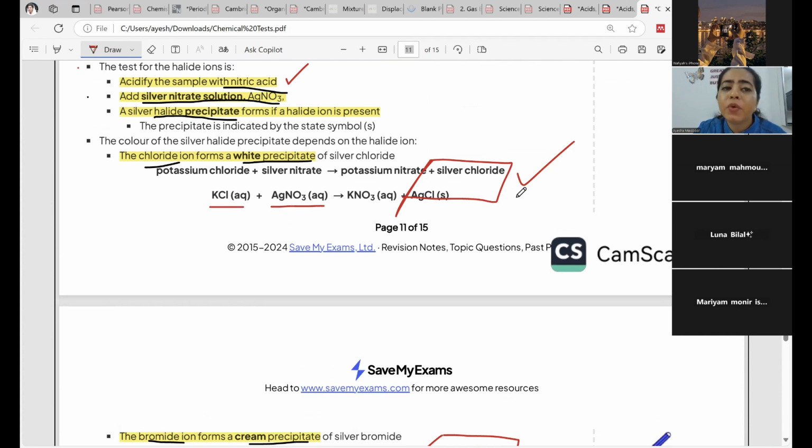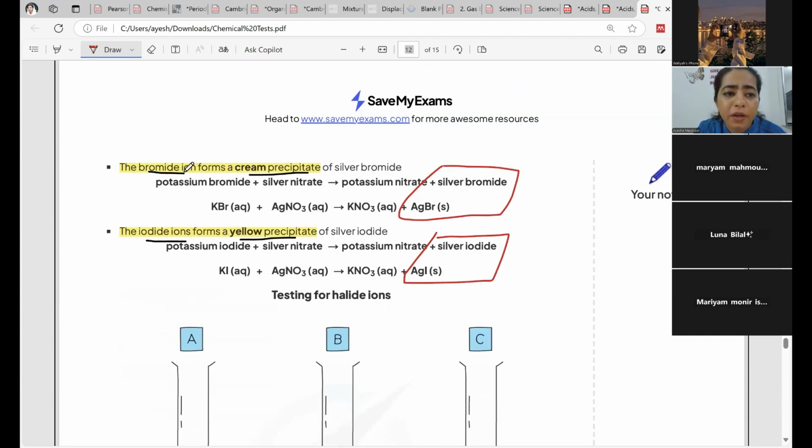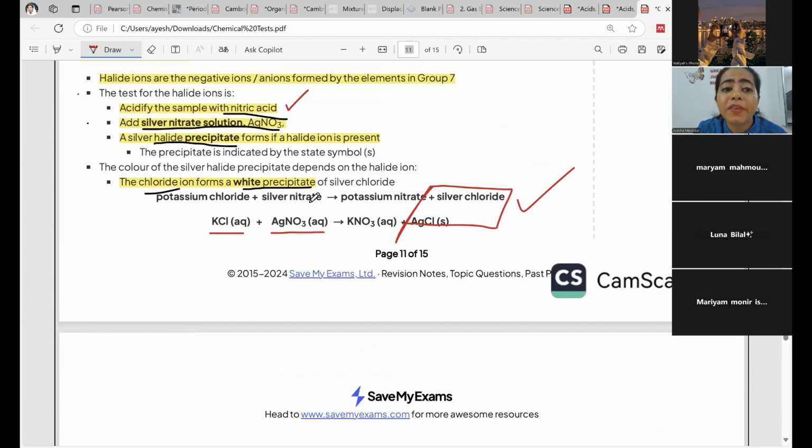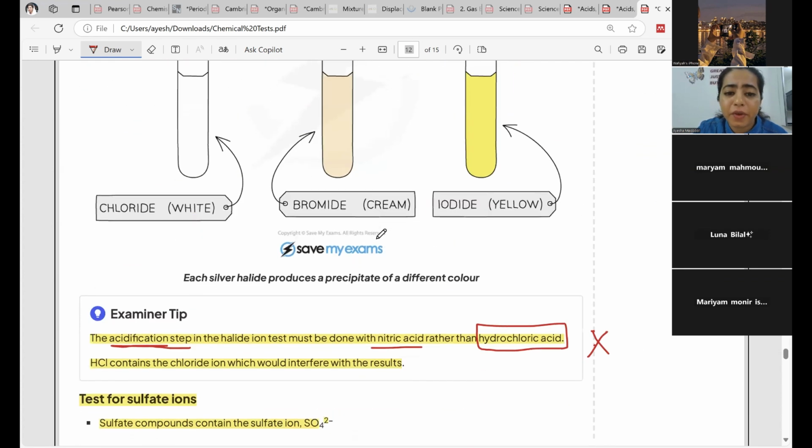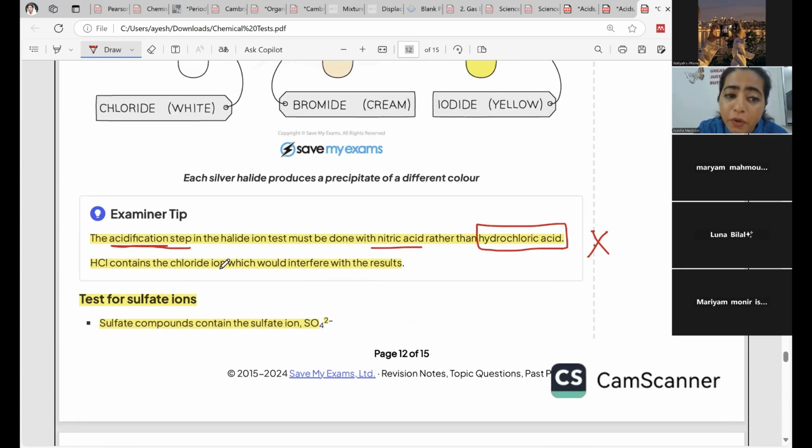We can use hydrochloric acid maybe in the bromide and iodide ion tests, not a problem. But when we are testing for chloride, we don't need to use hydrochloric acid because hydrochloric acid will also give chloride that will interfere or react with the main reaction. So we will not be able to get the right result. So that is the reason when we test specifically for the chloride ion, we are not going to use hydrochloric acid. So it's better to use nitric acid for all, the same thing. So it's easy to remember.